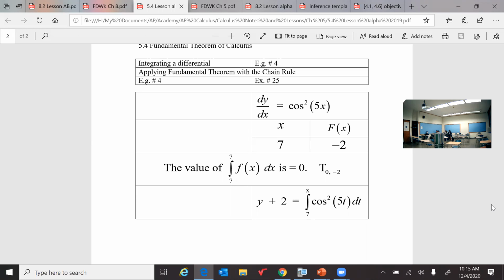Then we're using the dummy variable here, t, dt, because we're going from right to left. What did you do earlier? You took this thing and took a derivative of it, which gives you cosine squared x. Well, cosine squared 5x, that's given.